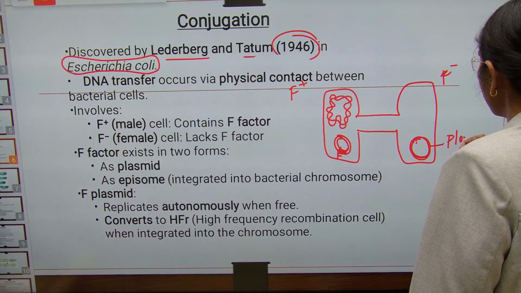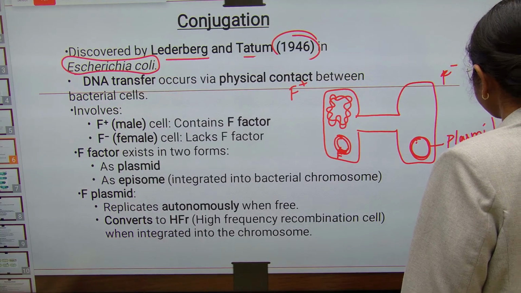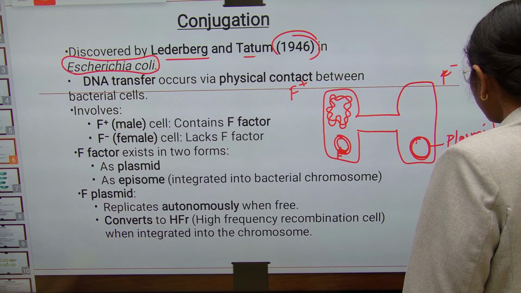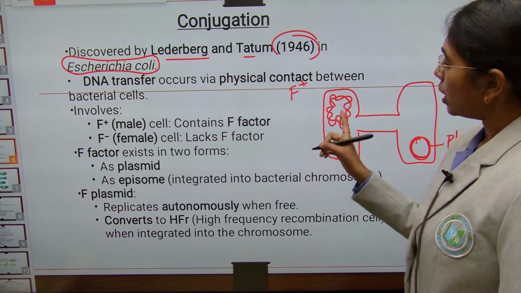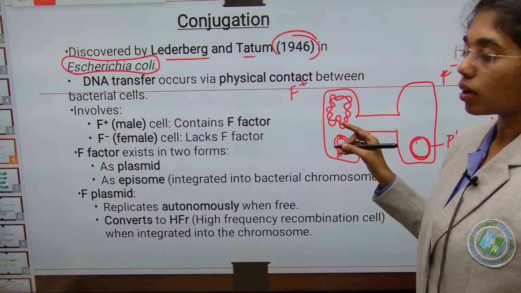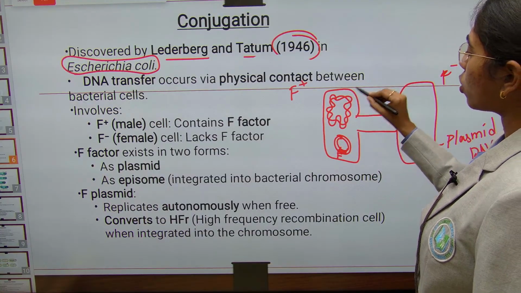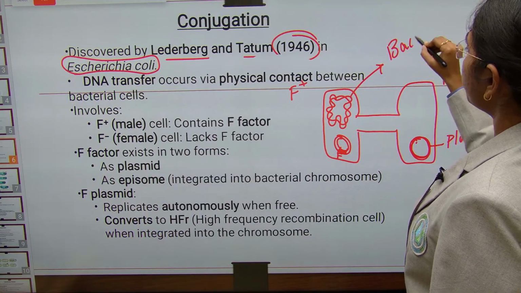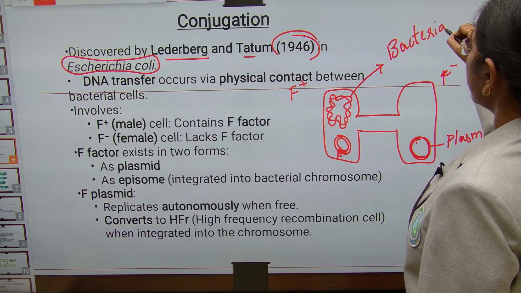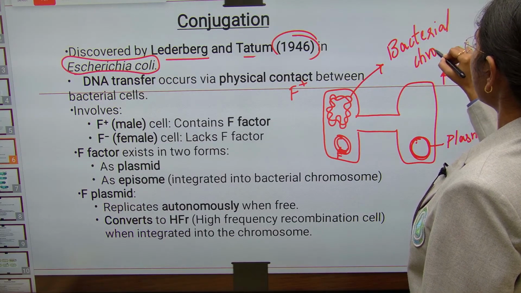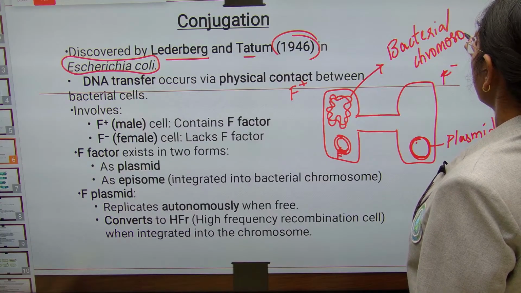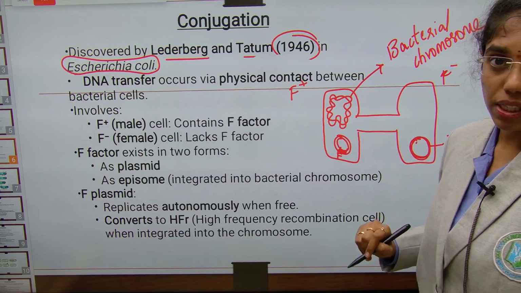So this is plasmid DNA. In a few bacteria, the F factor is present in the bacterial chromosome itself, the circular chromosome.